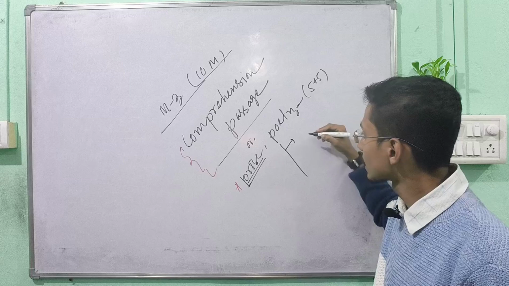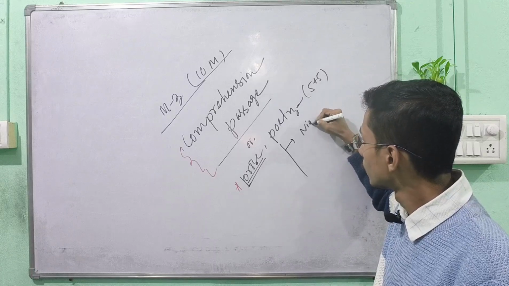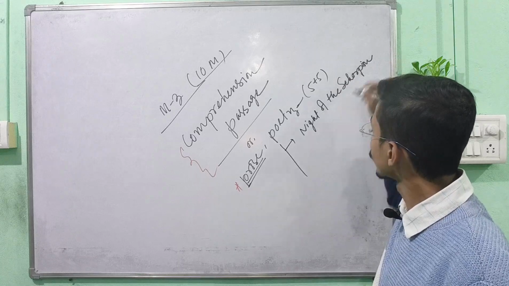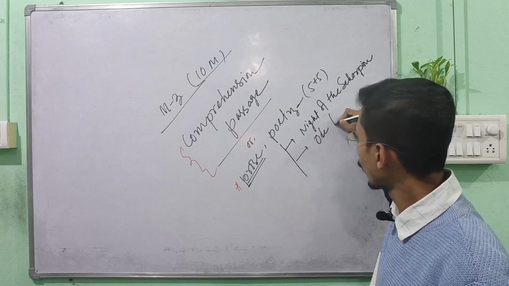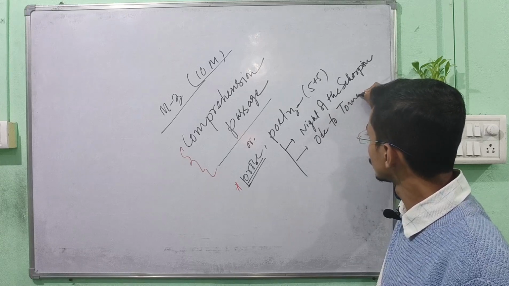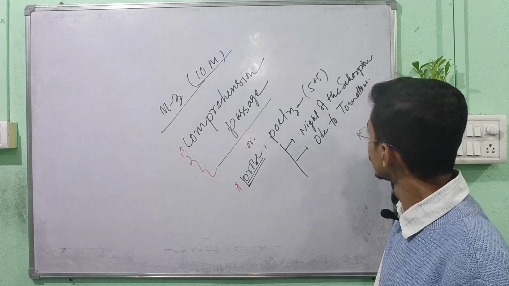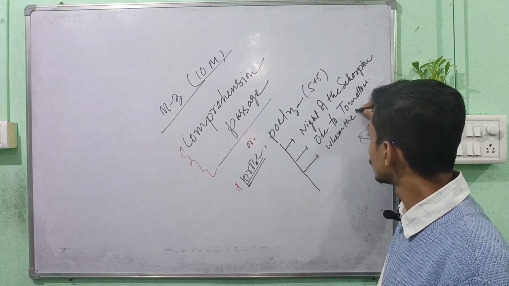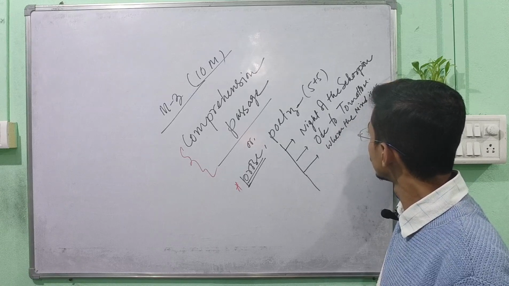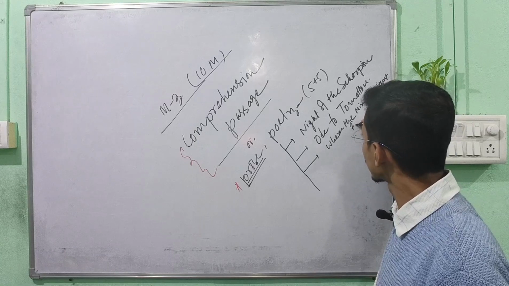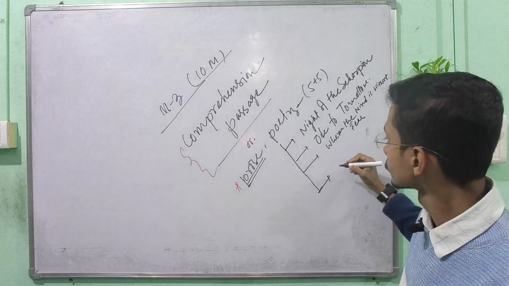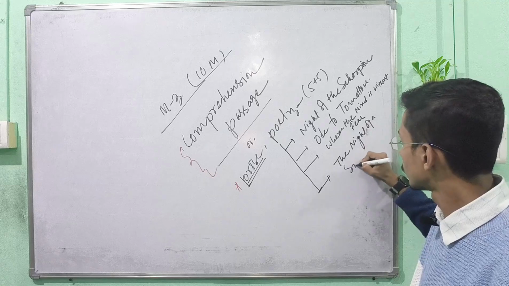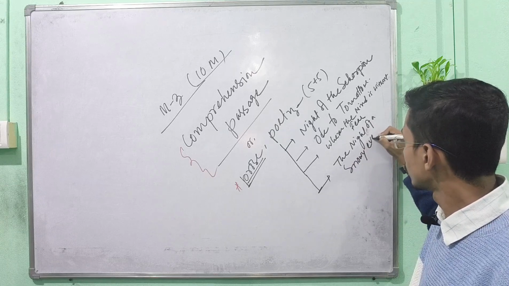The poems are: Night of the Scorpion, then Potato Tomatoes, then Where the Mind is Without Fear, and the last one is The Night of a Snowy Evening.